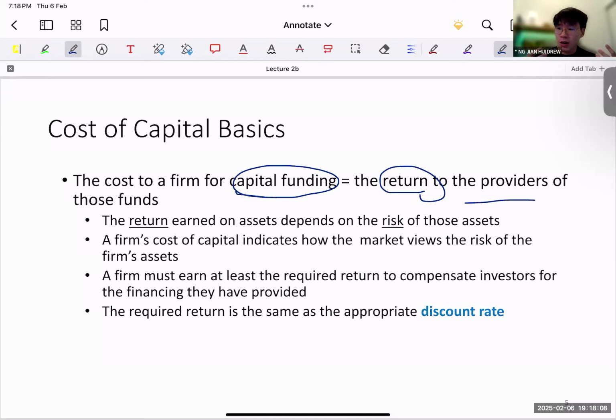So if something is a cost to you, it means that in order to break even, you need to be able to obtain that amount of return so that you can break even. So the cost of the firm for capital funding is the return that providers require. Of course, the return will depend on the asset risk level.